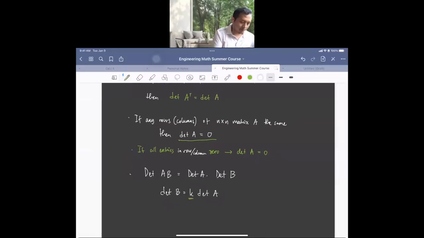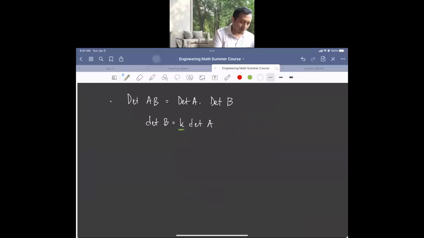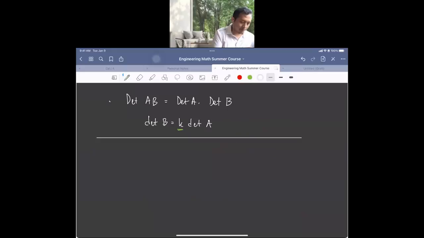Okay, and then I think another part is related to triangular matrix. Okay, suppose A is an n by n triangular matrix. It can be upper or lower.